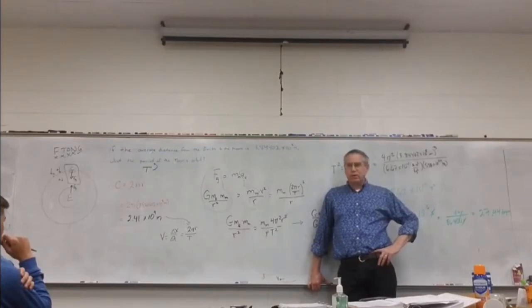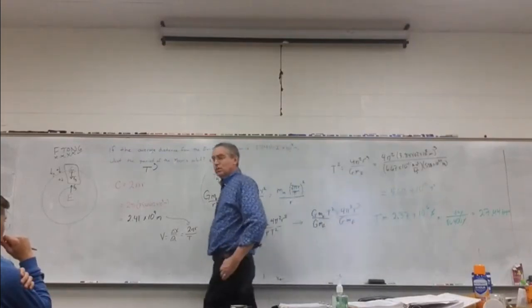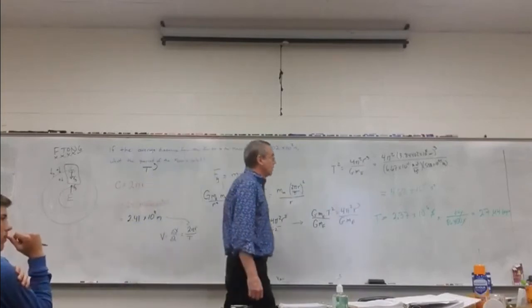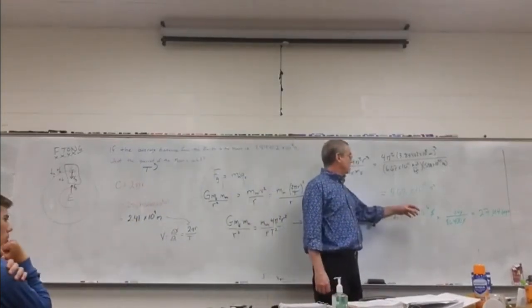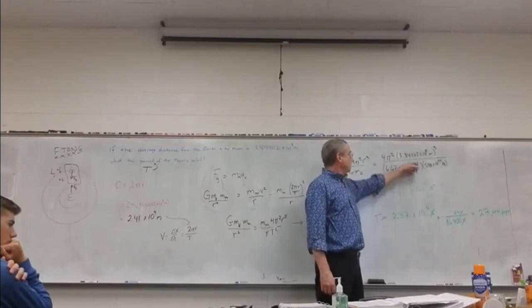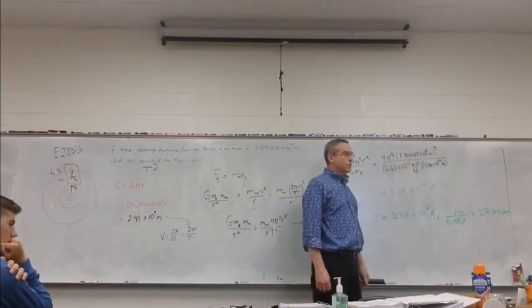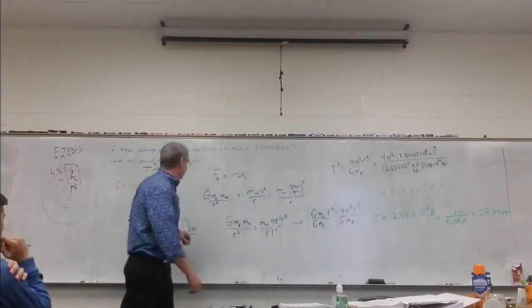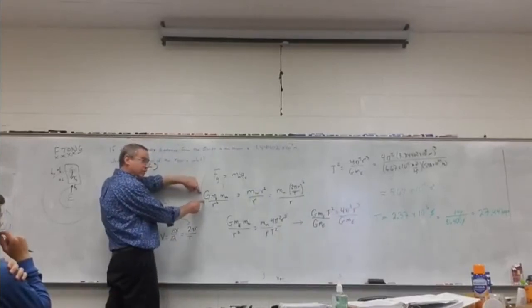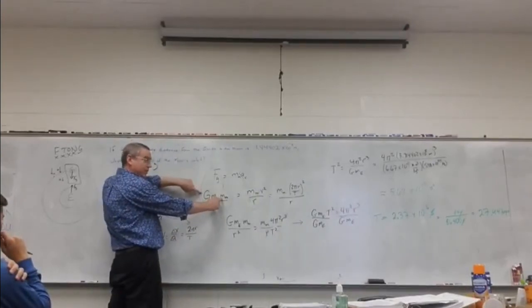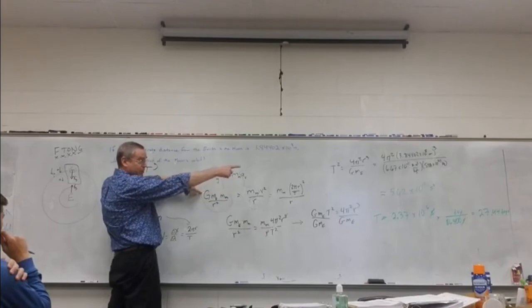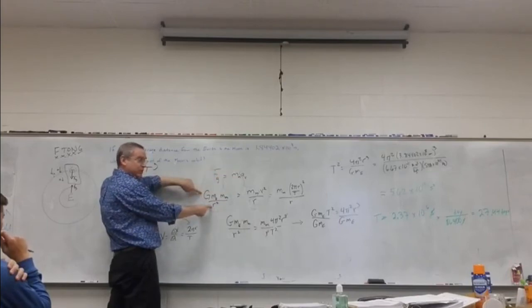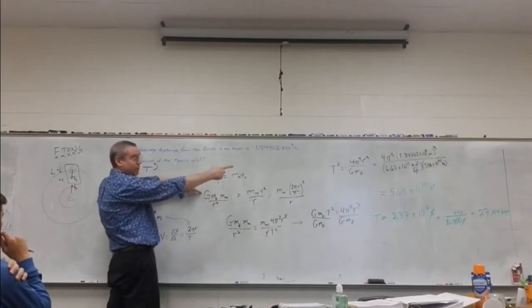Other questions or follow-up? But what are the units, with the negative 11 power? Newton meter squared per kilogram squared. It's set up so that if these are both in kilograms, they would cancel. That's why it's on the bottom there. And if this is in meters, it would cancel out with the meter squared there, and you'll have the newtons.